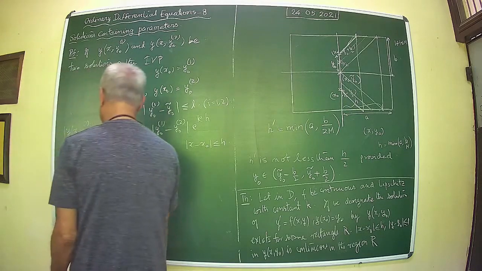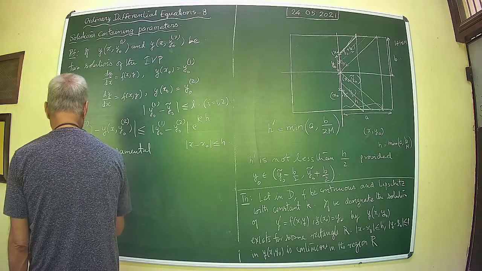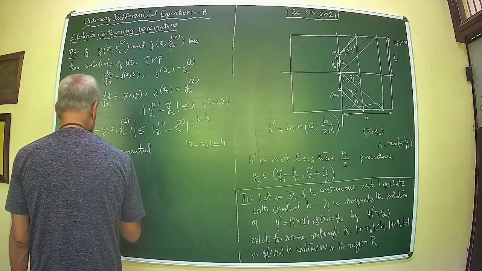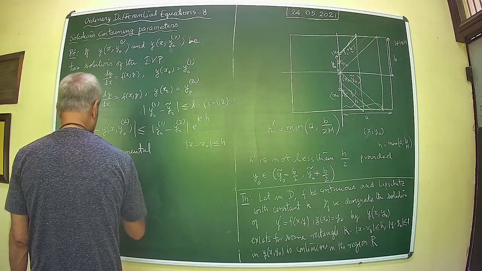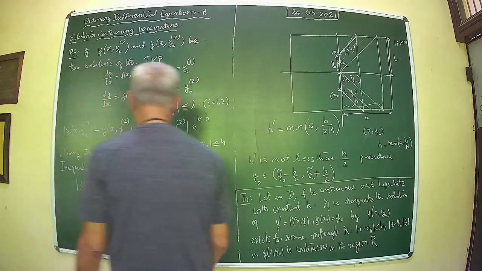In fact, you have seen this, that |y(x, y01) - y(x, y02)| is less than or equal to, there are two terms here.